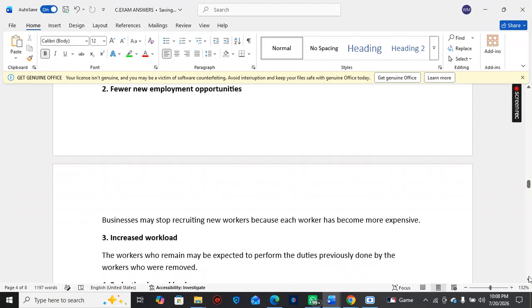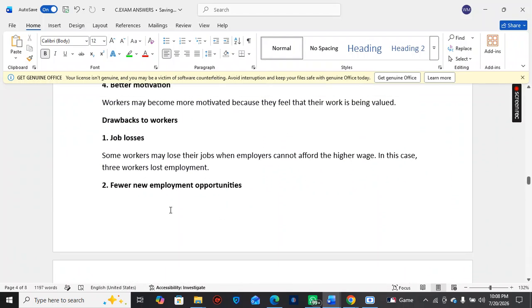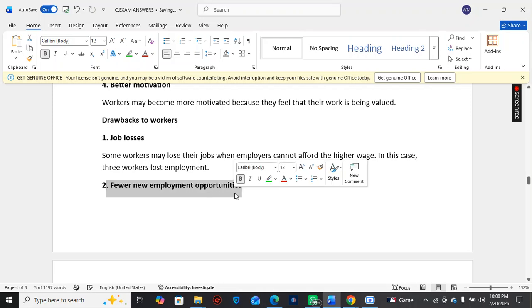Drawbacks to the workers: job losses, those three who lost their jobs. Fewer new employment opportunities. When the minimum wage increases, it's not only at one firm, it's at a lot of firms. So if your skills are limited to that industry, the employment opportunities will be slimmed down because other firms have done the same.